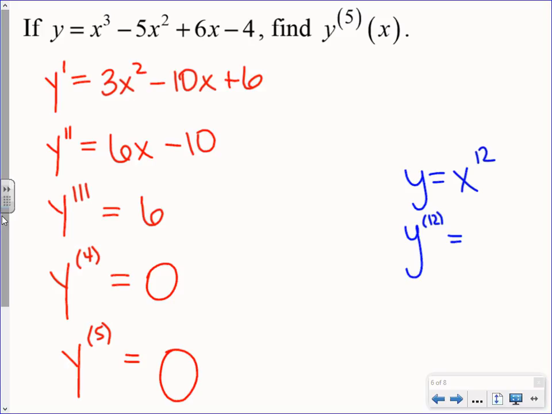X is going to have the 0 power, so it's just going to be the coefficient, right? Is there a way to express 12 times 11 times... Factorial. Cole, I'm really glad you brought it up because there will probably be a multiple choice question on the non-calculator portion that would be like that, where you have to think about the pattern, okay? And so yes, you would have to use factorial. Okay. You have to think like that.